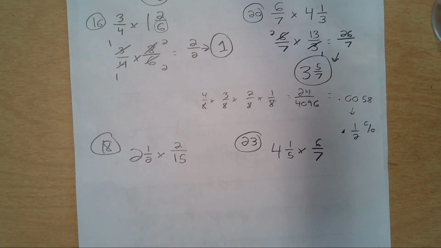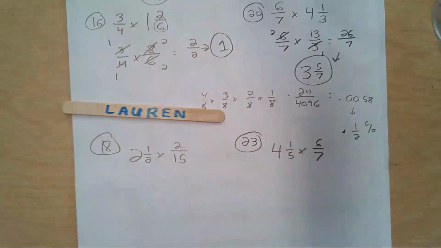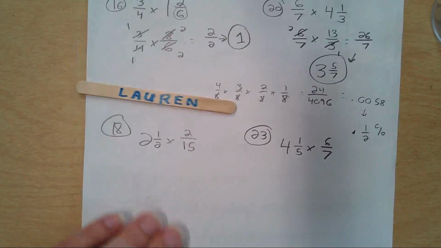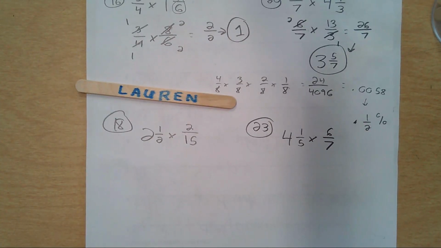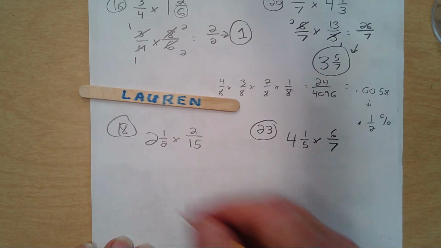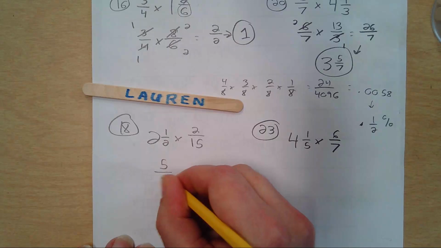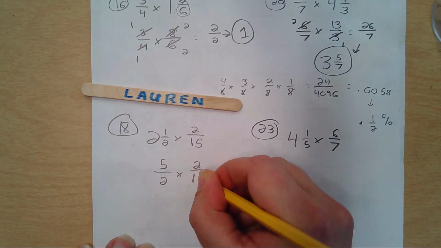All right, 18, Lauren. So the 2 1/2 becomes 5 over 2, and then times 2/15.